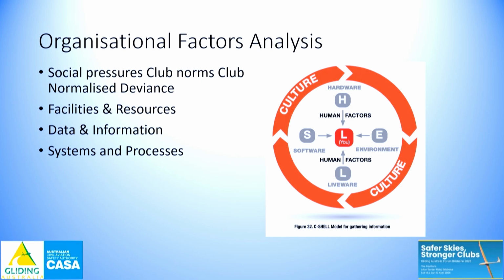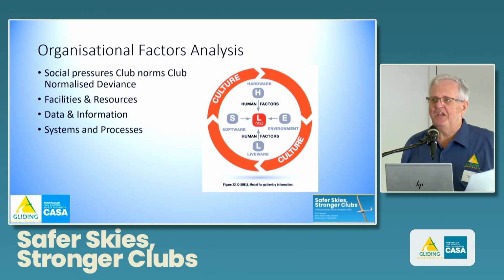Organisational factors, similarly, Defence does this well with the seashell model, and we've got some references that describe that here. But we're all subject to normalised deviance in our clubs. We're all subject to potential accident drivers that might come from our facilities and resources, our lack of information, use of incorrect data, systems and processes.